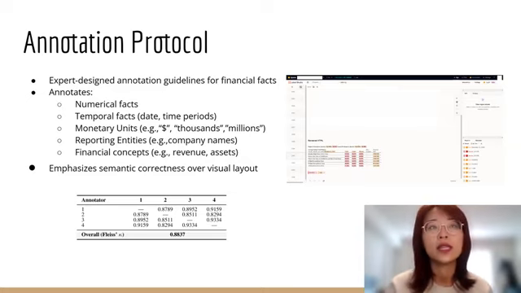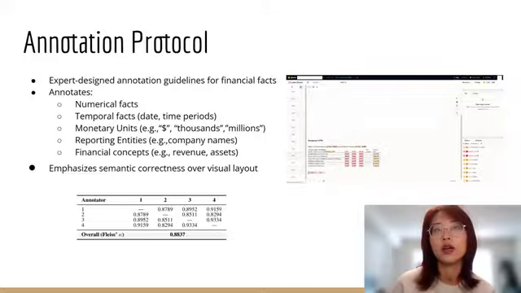And financial concept means the general financial names or terms used in financial documents, such as revenues, assets, or it can sometimes be very long because it has several restrictions before the term, such as revenue after taxes, cost for the fixed asset, or depreciation for the plants and equipment. So it can be very long, but sometimes they are also short.